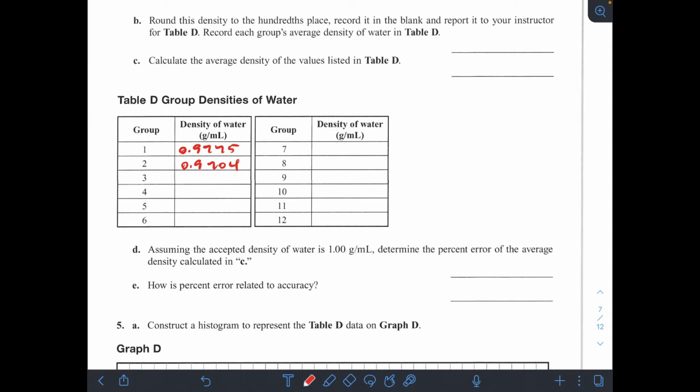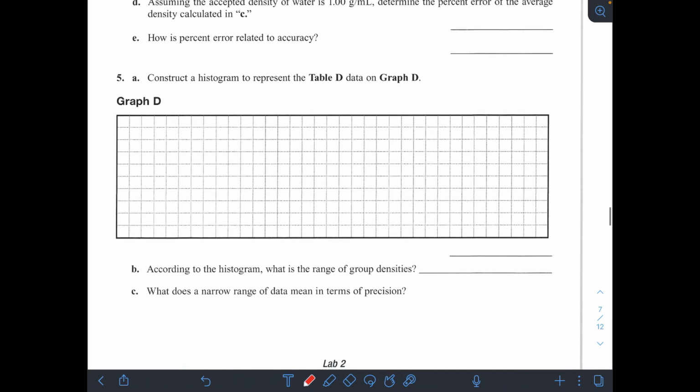All right. And then here you'll construct a histogram. Okay, so histograms are basically bar graphs. So you're going to have along your x-axis, you'll have group 1, you'll have group 2, 3, 4, 5, and so forth. All right, so this will be group number. And along your y-axis, you'll have your density.